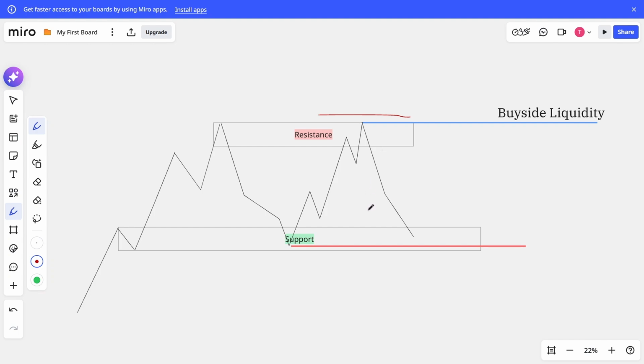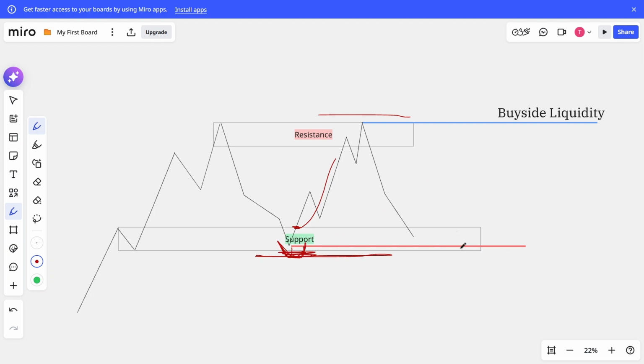For the longers, the same thing. For people who went long, for example, from here up to here, their stops are usually in this area. So basically, here is where the orders of their stops lie, and the positions of the shorters, the sell positions and stop market positions, are just right here.